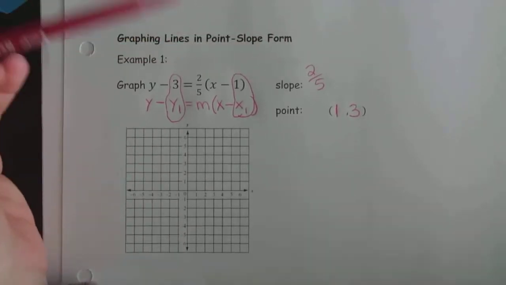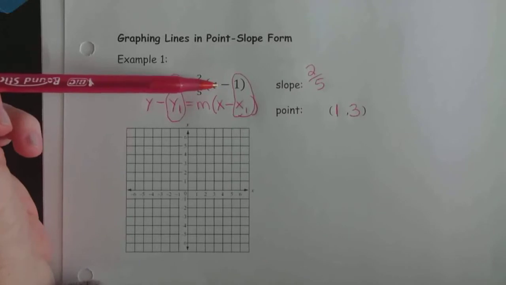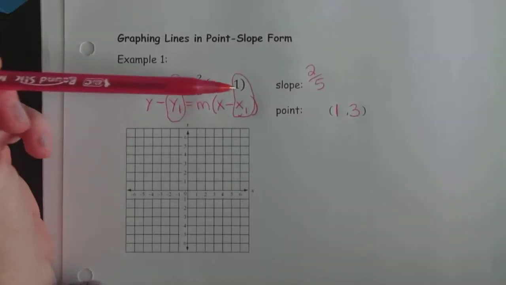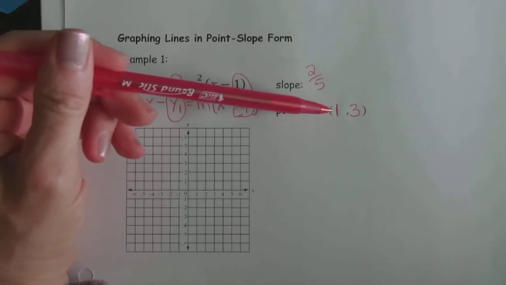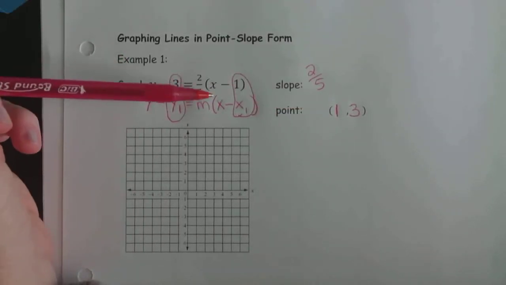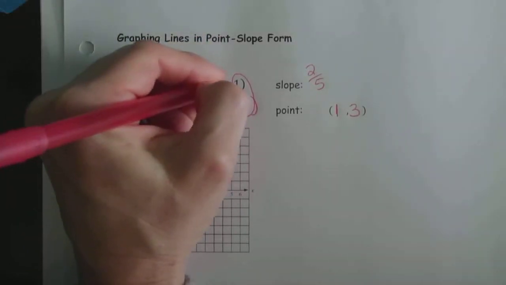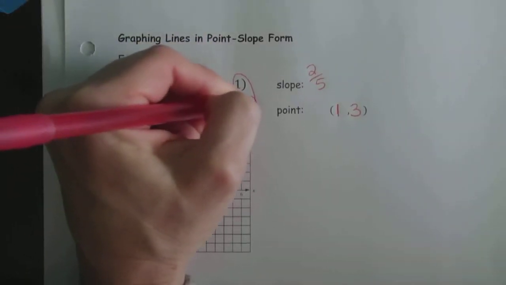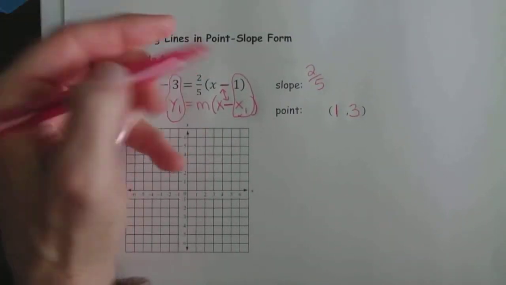Now, students may say or have said to me in the past, well, wait, isn't the x sub 1 like -1? Like, don't we take that sign and say it's like -1? The answer to that is no. And the reason is this minus is the built-in minus in the actual point slope formula.